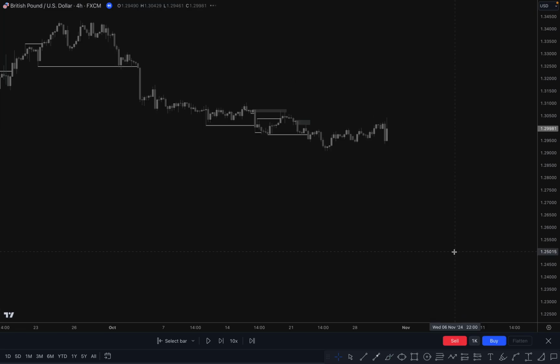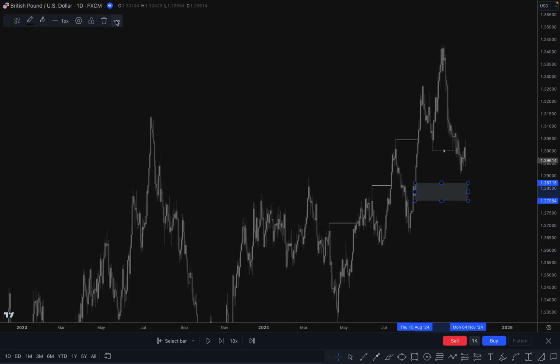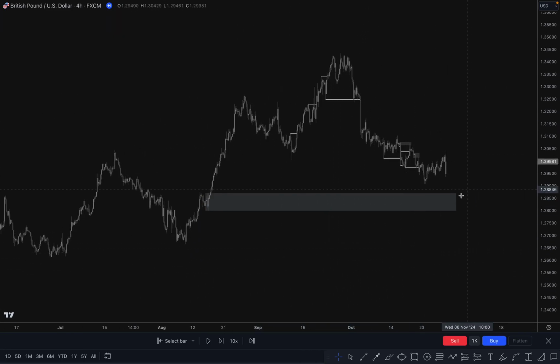So going down to the 4 hour now, I want to make this demand zone visible on the lower time frame. So I'm going to go back to the 4 hour and we can see that daily demand.